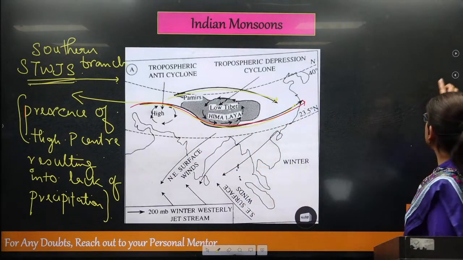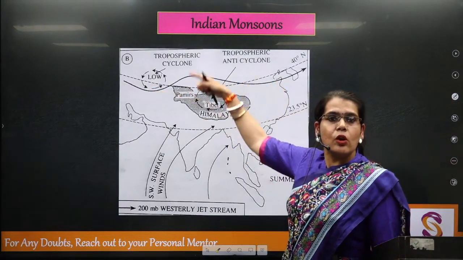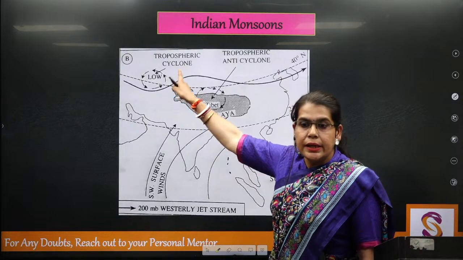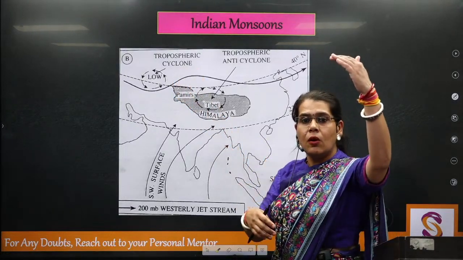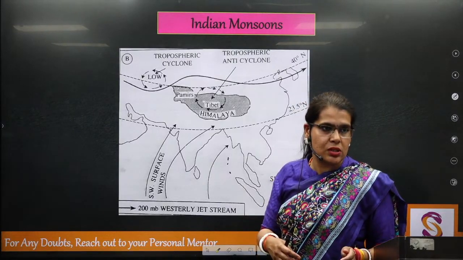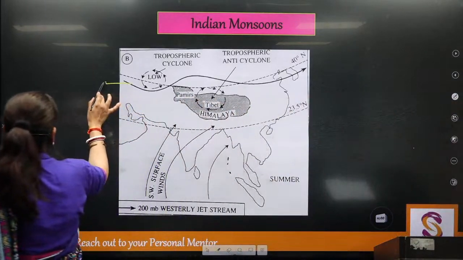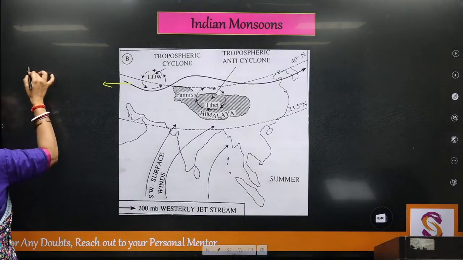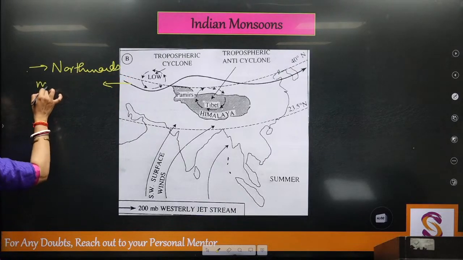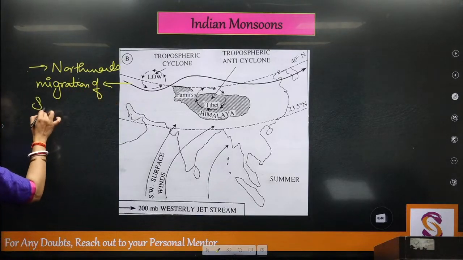Now what happens is, during the summers you can see that it has migrated northwards. When there is northward migration of the STWJ, the subtropical westerly jet stream, immediately that high pressure center is also dissipated and moves northward. Immediately there will be the onset of the monsoons.